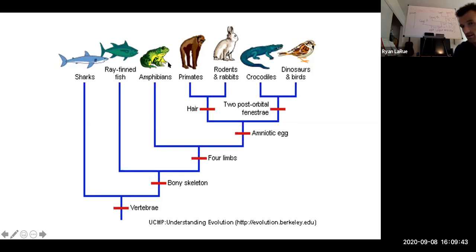In fact, they didn't. But a common ancestor did. And once the bony skeleton emerged, the fish came about, these ray fin fish, and then four limbs as this transition to land. And they branch out because they don't have four limbs. Here come the amphibians. Over time, this amniotic egg trait emerges, which all of these species would have, right?